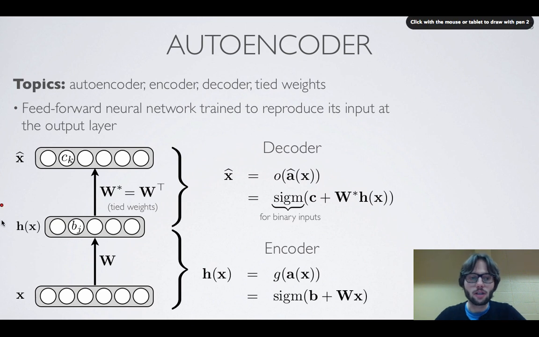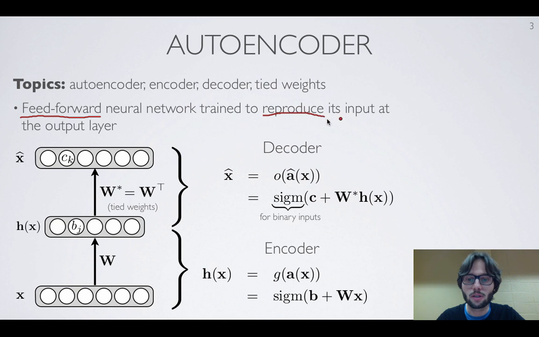The autoencoder is actually a very simple type of neural network. It's feed-forward, much like the neural network we've seen for classification. The main difference is that it's going to be trained not to produce a class at the output, not to define a distribution over a class at the output, but instead to reproduce the input that was fed to the neural network. Say we look at an autoencoder with a single hidden layer.